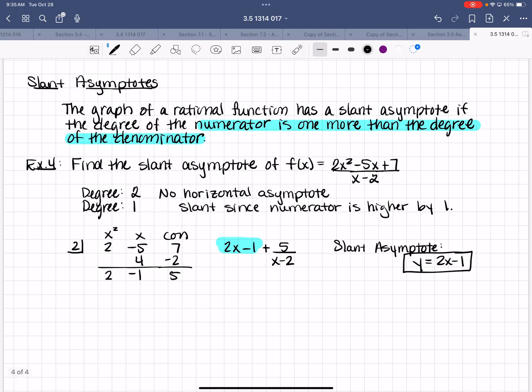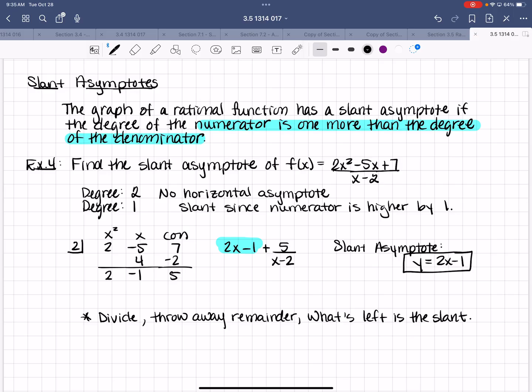So when we're finding that slant asymptote, divide, throw away remainder, what's left is the slant. Okay, that's what that says.